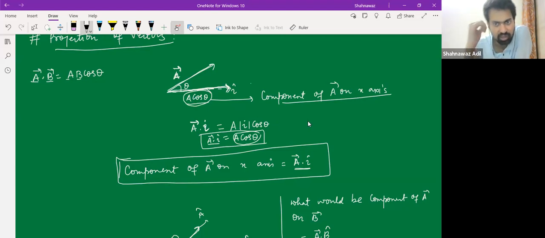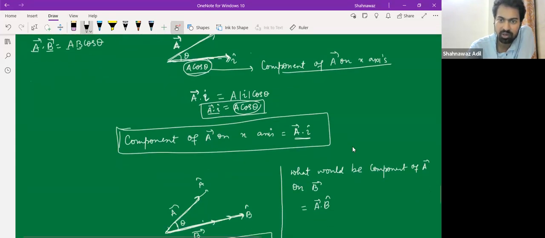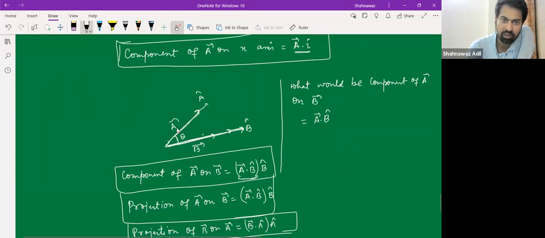Yes. So similarly, if I want to calculate the component of A on this B vector, what is the direction of this B vector? What would be the direction of this B vector?